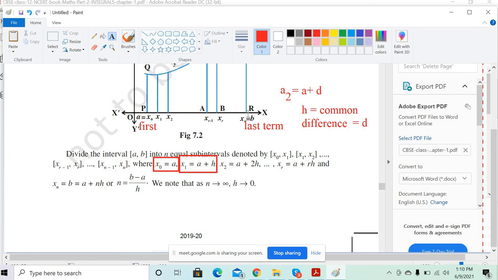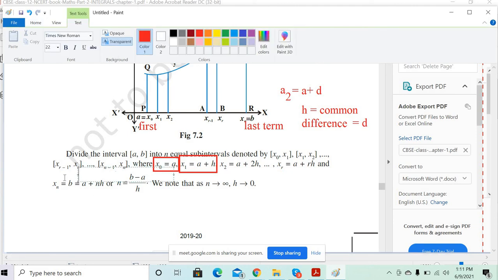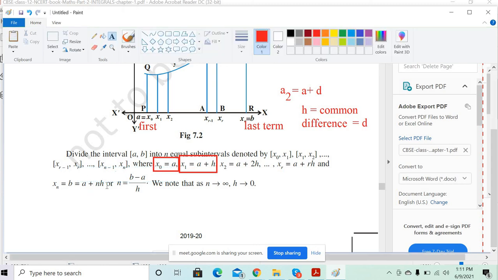We started with the first term as x0, right? So b becomes the n plus 1th term. So xn is equal to b, which is a plus n plus 1 minus 1 h. So the 1s cancel, and b is equal to a plus nh.